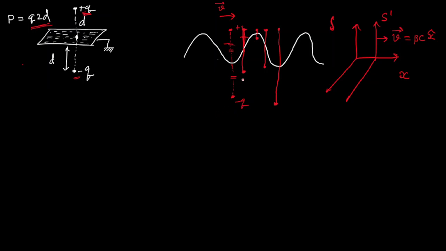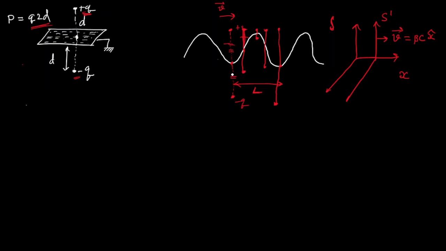Okay, so from the figure we can say that the distance between this point and this point is L. In order to calculate the dipole oscillation, first we have to calculate the time period of the oscillation.